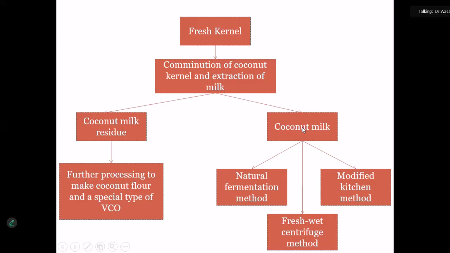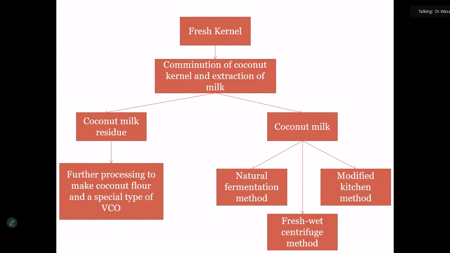So using coconut milk, there are three methods in VCO processing. We discussed the kitchen method. We have modified it here, so you should know what sort of modifications we are doing. What is the difference between the kitchen method and the modified kitchen method? How to practice that?